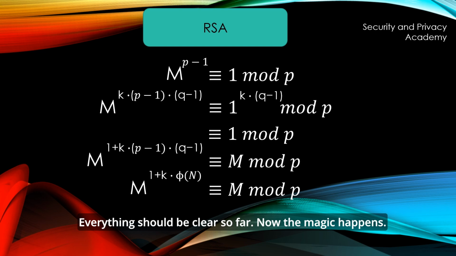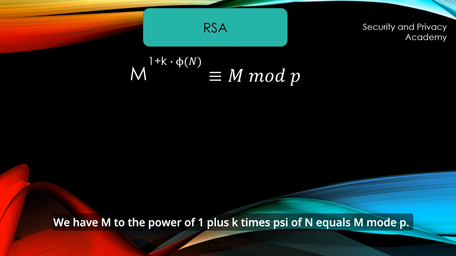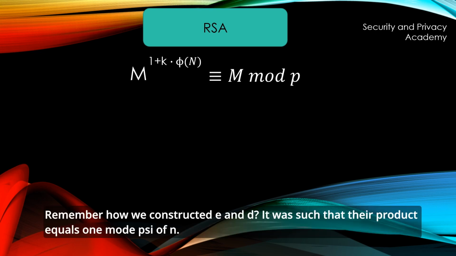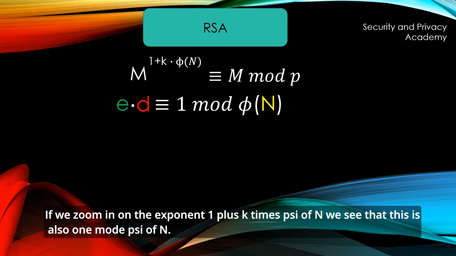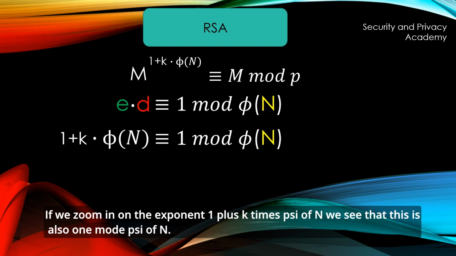Now the magic happens. We have m to the power of 1 plus k times psi of n equals m mod p. Remember how we constructed e and d? It was such that the product equals 1 mod psi of n. If we zoom in on the exponent 1 plus k times psi of n, we see that this is also 1 mod psi of n.